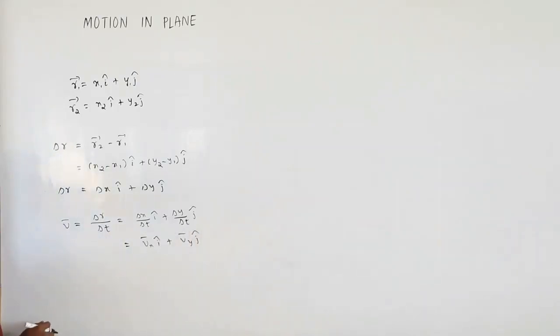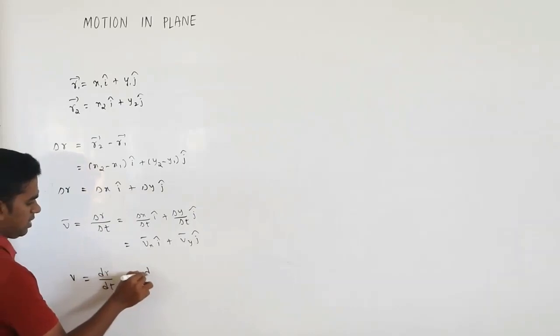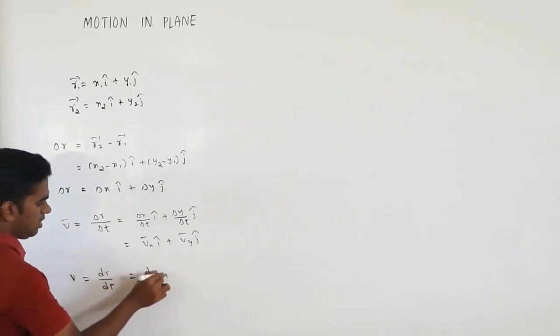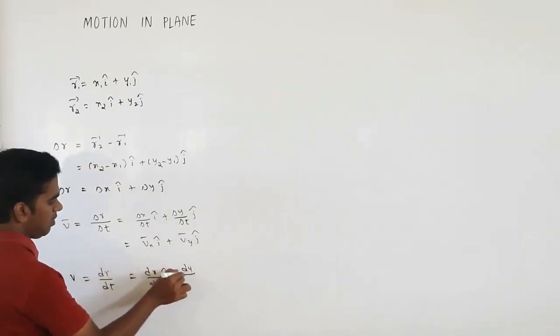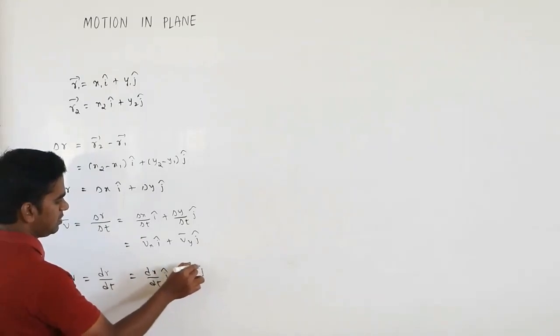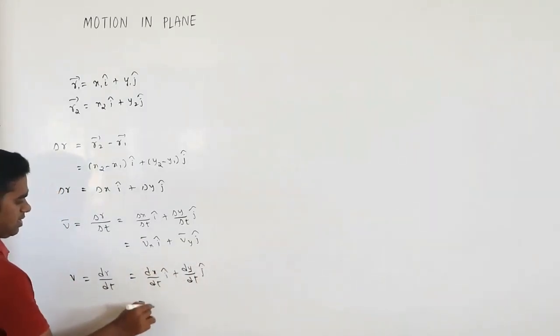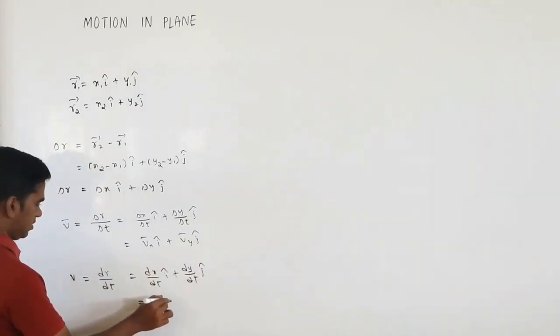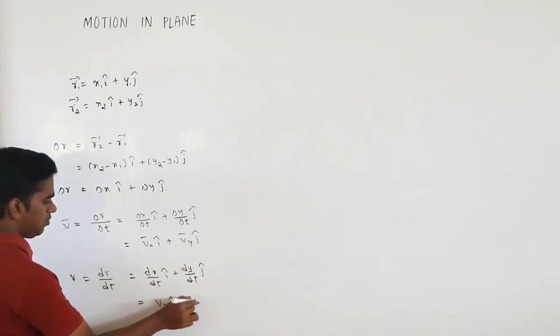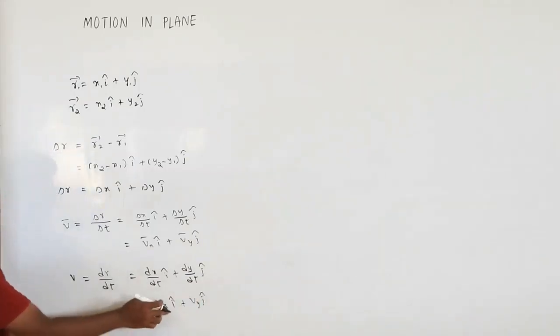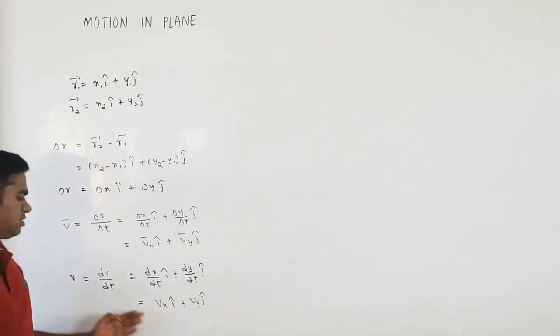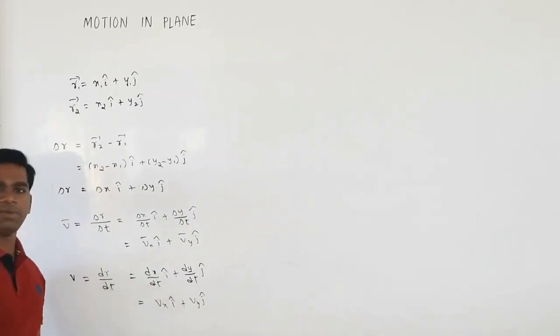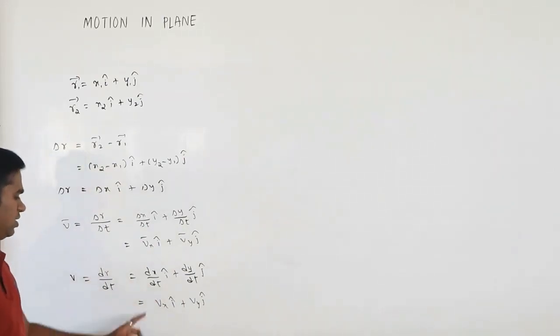This is the average velocity. Similarly, the instantaneous velocity is dr by dt. You can write this as dx by dt i cap plus dy by dt j cap, or as vx i cap plus vy j cap. So vx and vy are the instantaneous x and y components of the instantaneous velocity v.